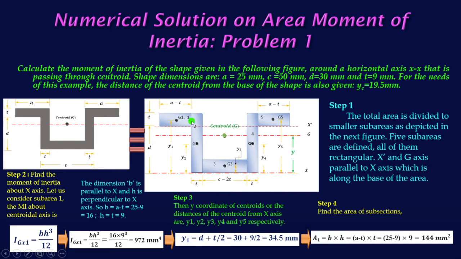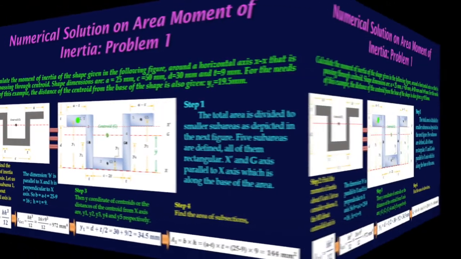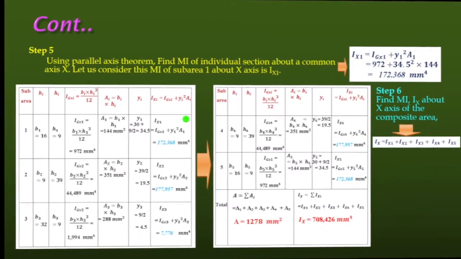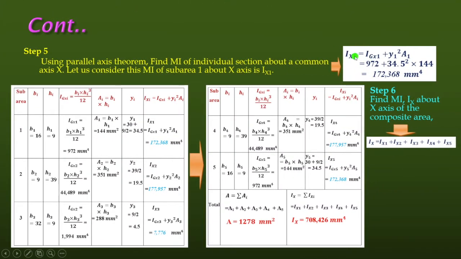Now we will calculate the area moment of inertia about the x-axis for the same section 1. So use the parallel axis theorem: Ix1 equals Igx1 plus y1 squared into A1. Substitute the values and get Ix1 equal to this.